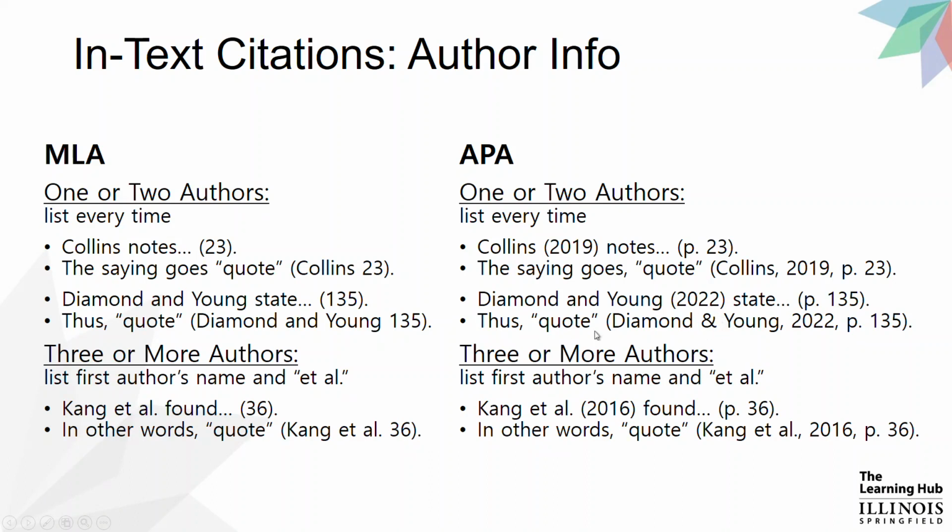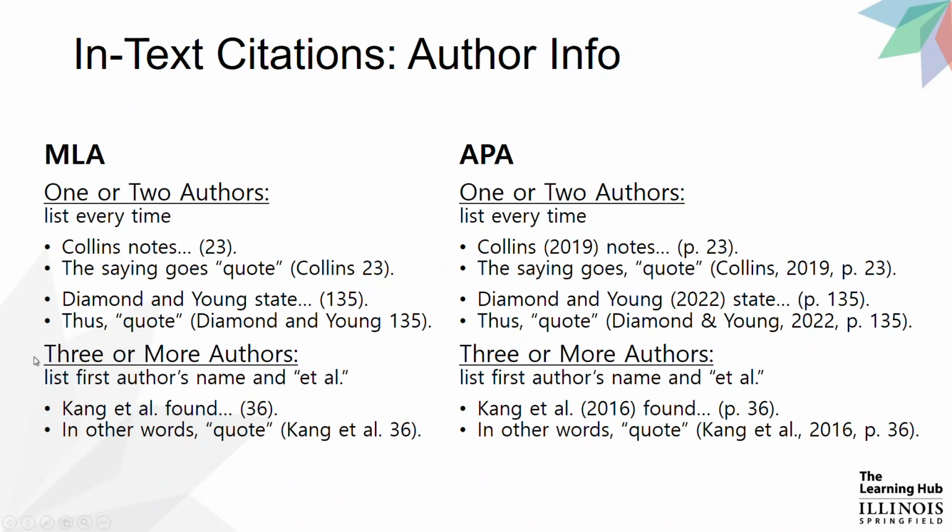So thus, quote, parentheses, Diamond, ampersand, Young, comma, 2022, comma, P period 135. The way that I remember this is you place the word with the words, so "and" in the sentence, and the symbol with the symbols, the ampersand, inside the parentheses. That's really the only major difference in the ways that it's formatted for one or two authors in both citation styles.